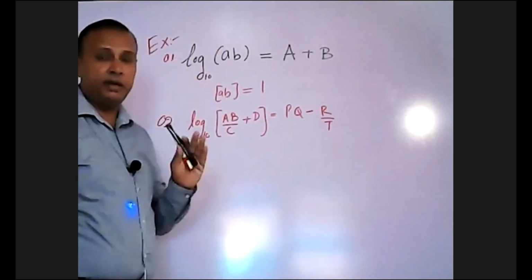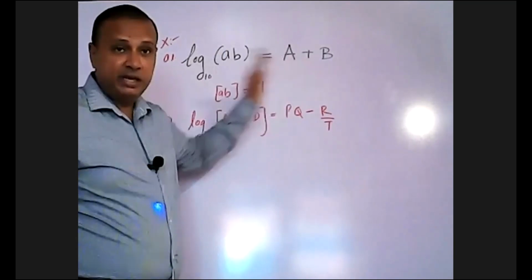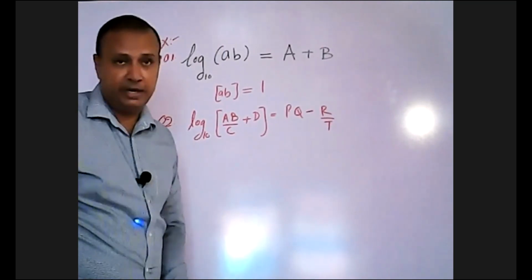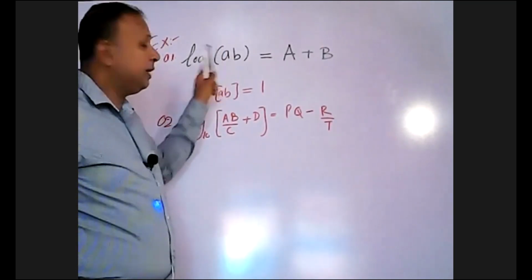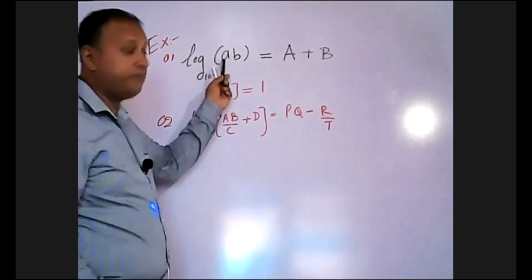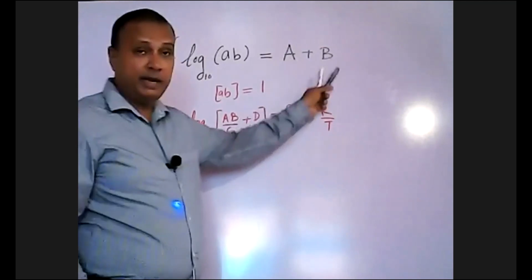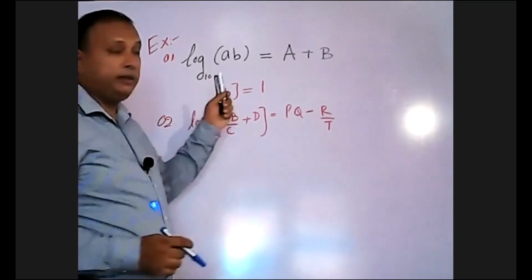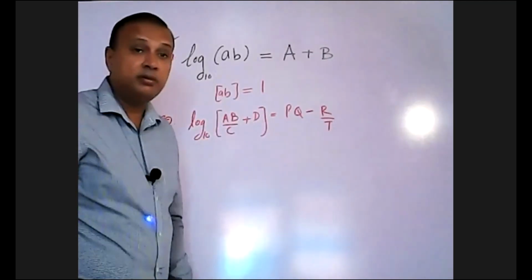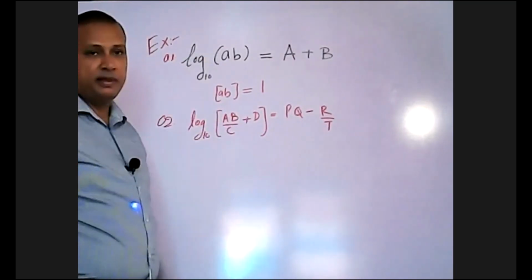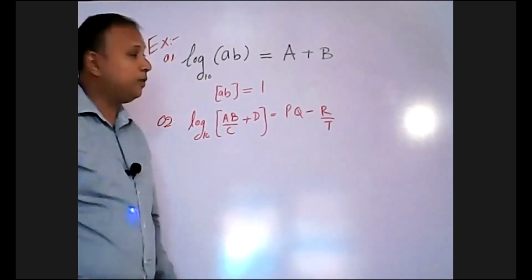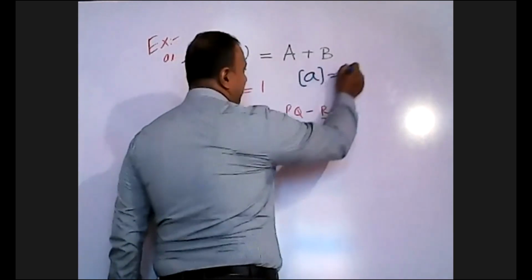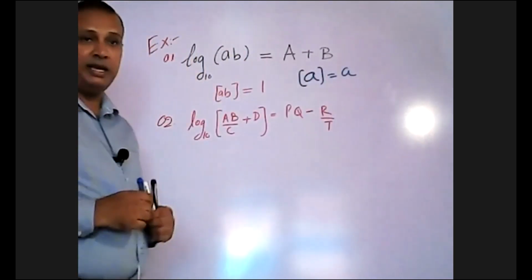Okay, my question is, this is our equation. In that equation, we are given the dimension of simple A. Actually, there are four physical quantities: one is simple A, other one is simple B, capital A and capital B. Among those physical quantities, we are given the dimension of simple A. Suppose the dimension of simple A is equal to 6.